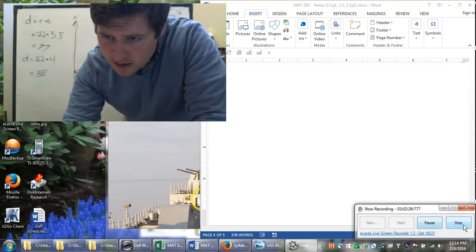So we've got our 77, and this was in nautical miles per hour. So this is 77 nautical miles, which are also called knots, I think. So that's weird.